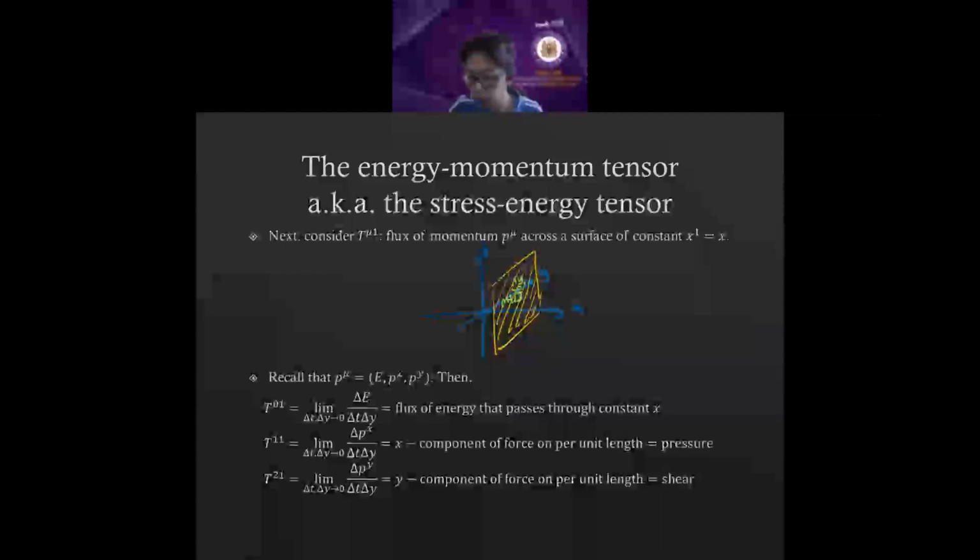Okay, and we consider this point. And our T^{01} is, by definition, the energy divided by delta T divided by delta Y. And as we take the limit as delta T and delta Y go to 0, what we get is that this is the flux of energy that passes through this surface at this point.